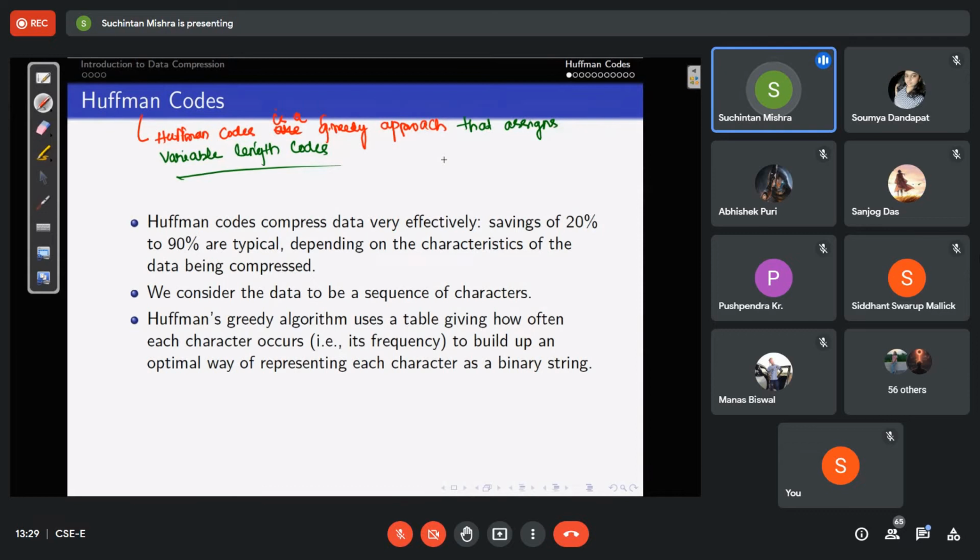We just now saw what is a variable length code. How can you achieve a variable length code? Huffman coding is the algorithm which allows us to get a variable length code.